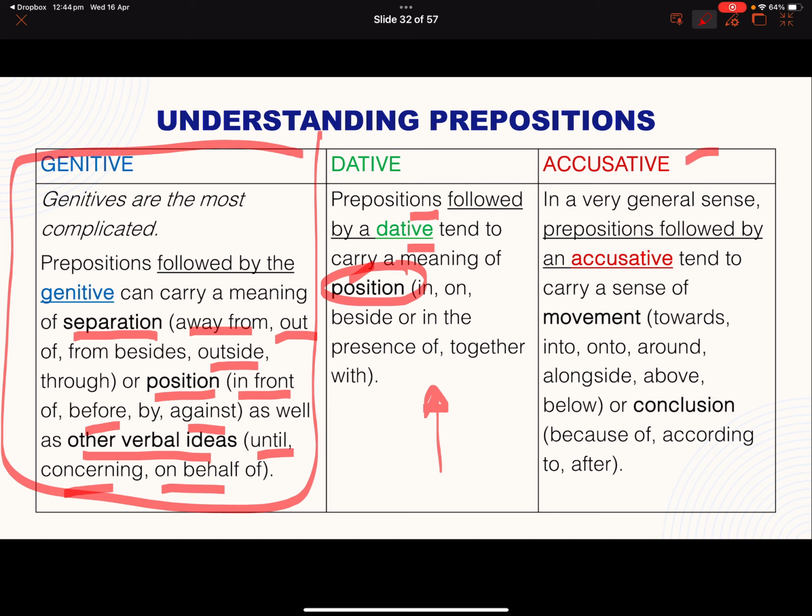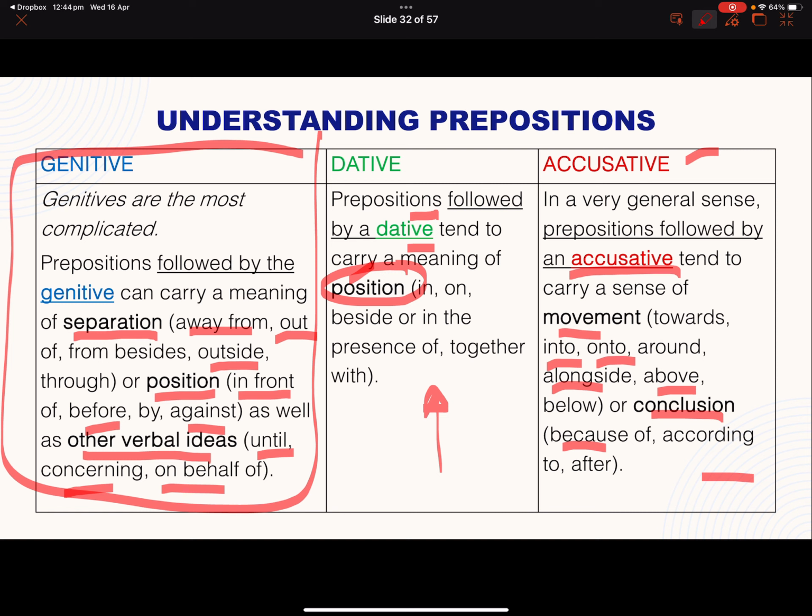The accusative tends to carry the sense of movement or conclusion. So generally, when you see a preposition that's followed by a noun in the accusative case, then the preposition will tend to have a sense of movement: into, onto, above, alongside, or conclusion: according to, because of, after which.